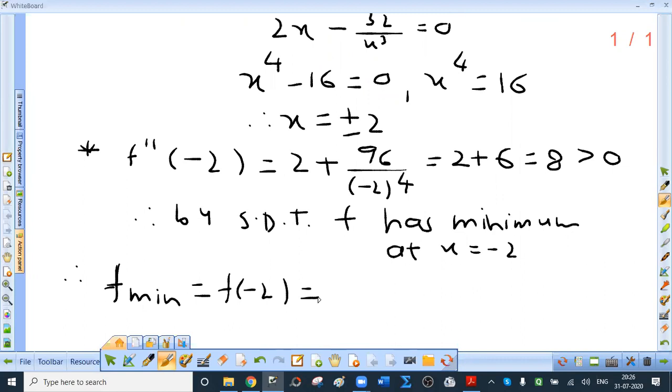Okay. So what is f of minus 2? It is minus 2 square plus 16 upon minus 2 square again. So this is 4 plus 4, that is 8.